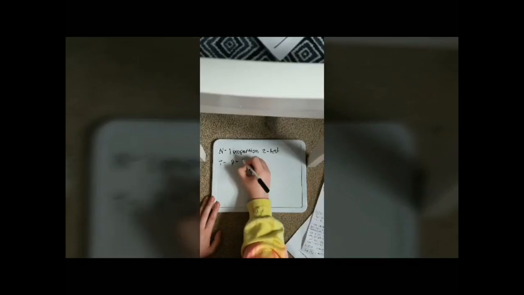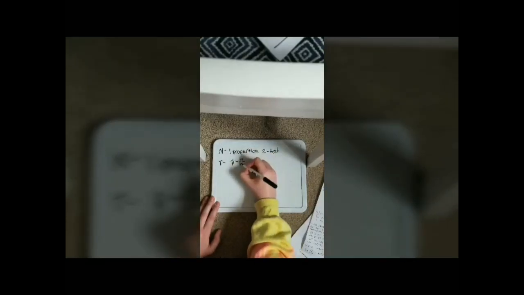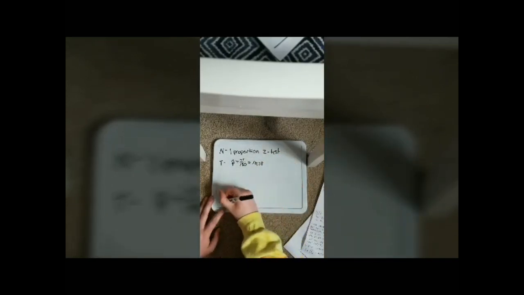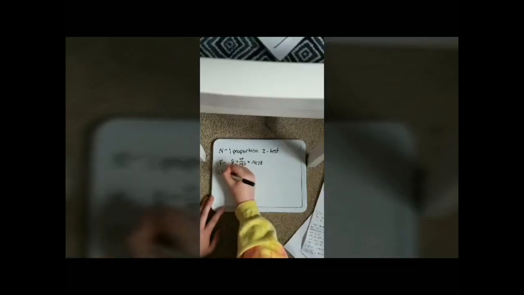We're going to find our p-hat, and that's 77 over 180, and that equals 0.4278. Now O is all about obtaining the p-value, but we're going to do that on another slide.